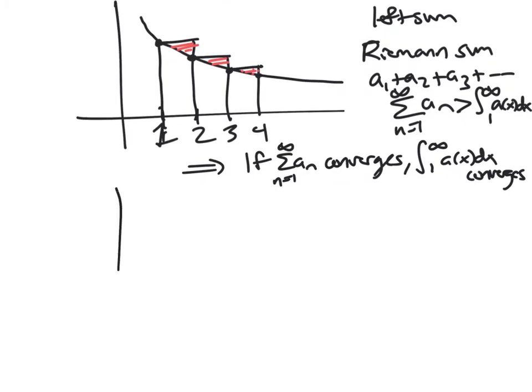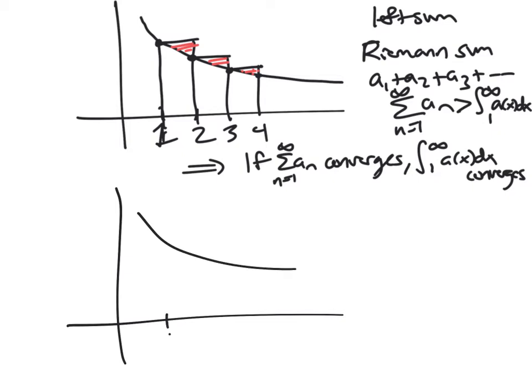To do this, we're going to draw another picture, and we did the left sum up above. We're going to do the right sum down below. So 1, 2, 3, and so on. By the same logic, here we see an underestimate, right? We're missing these little gaps in here. But we start at a of 2, which is a2.